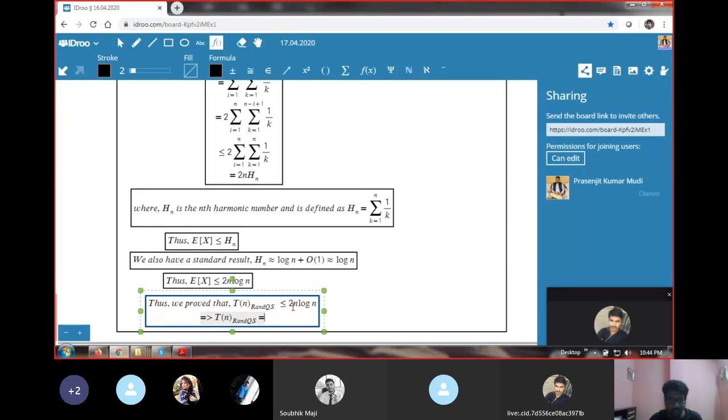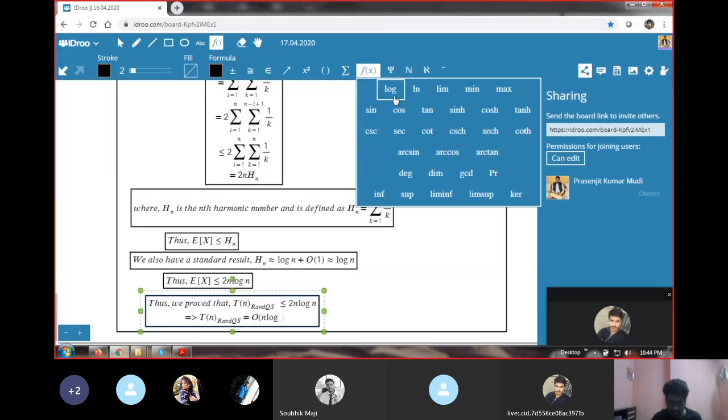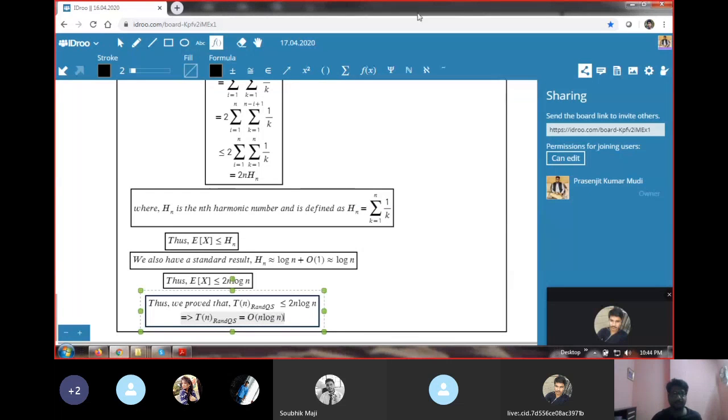This is your C value, so it is order of n log n.